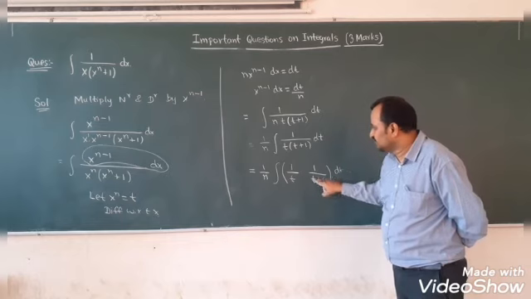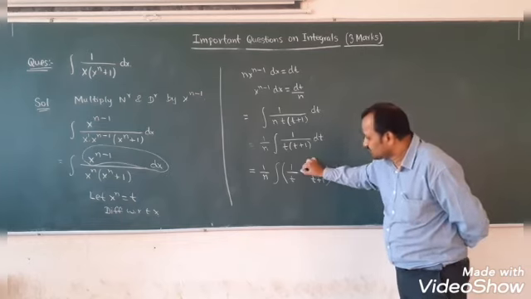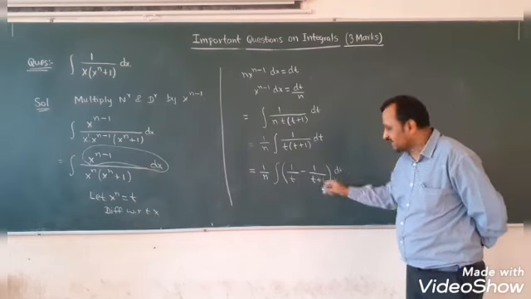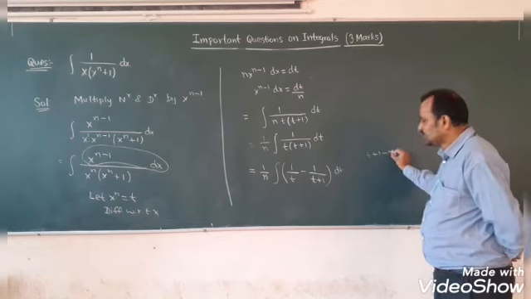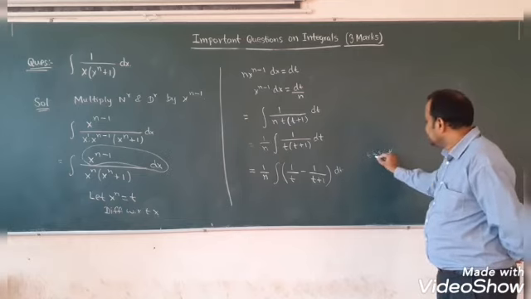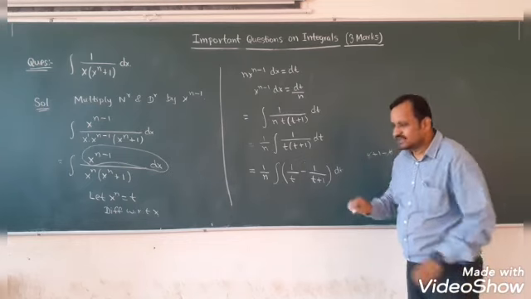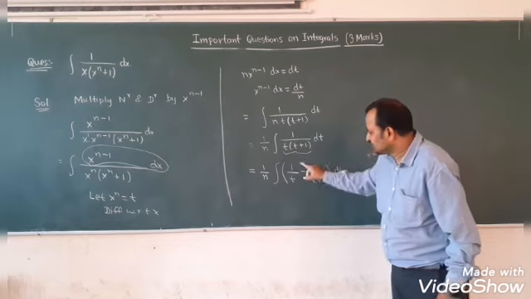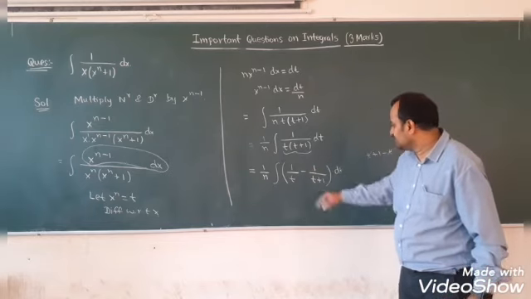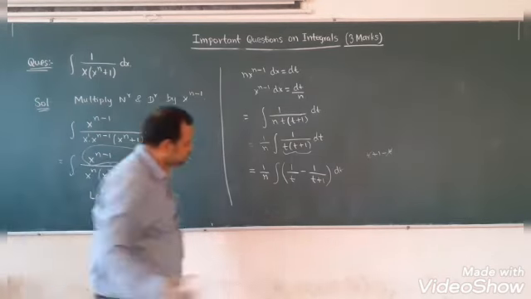If you take LCM, suppose I write minus here, you will get t plus 1 minus t. So the t cancels. What is left? 1. That means this expression we can write as 1 by t minus 1 by t plus 1.